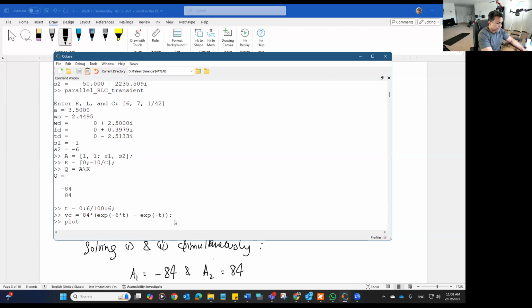And then we'll just do the plotting, plotting t versus VC. I'm going to use a little thicker line, so I'm calling line width 2. X label is time, and Y label is VC of t.